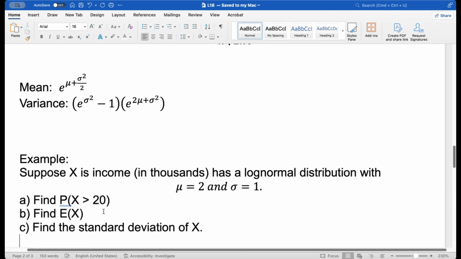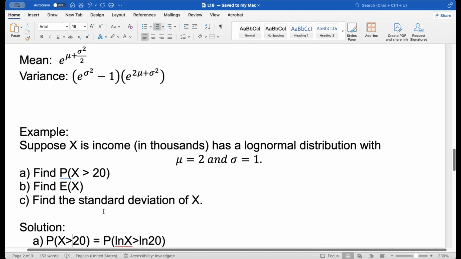So we convert this over to normal by taking log. We know if x has a log normal distribution, then log x is normal. So this is equivalent to log x is greater than log 20. Since the log function is increasing, this inequality holds.